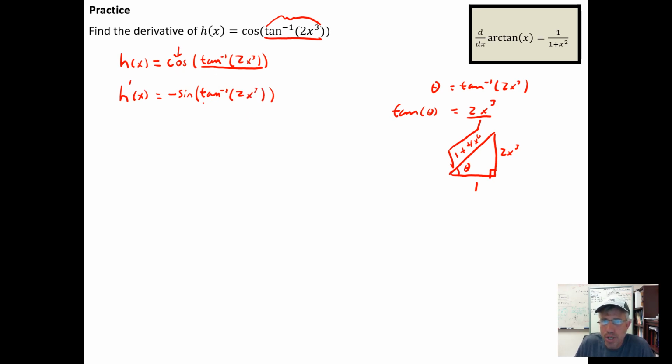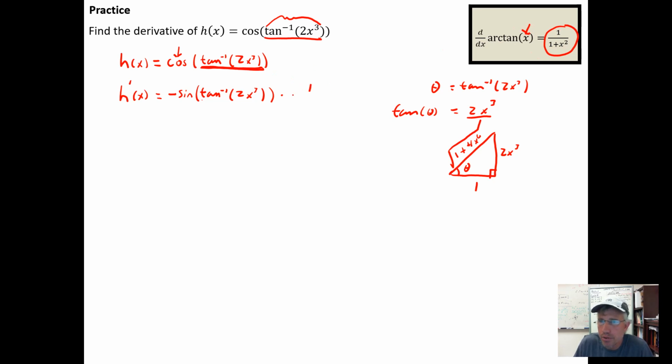And now I have to use the chain rule and take the derivative of the inside function, which is the tangent inverse function. So we're going to take the derivative of the tangent inverse, so times, and the derivative of the tangent inverse is right here. It's 1 over 1 plus the stuff that's being input into the tangent function.